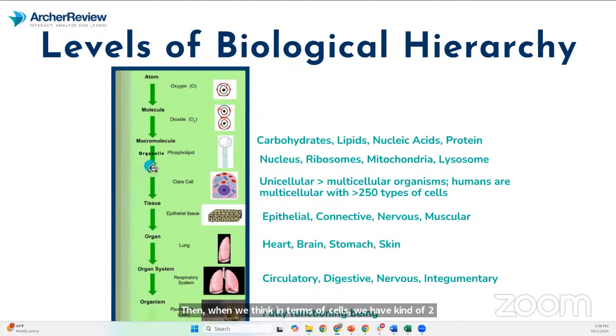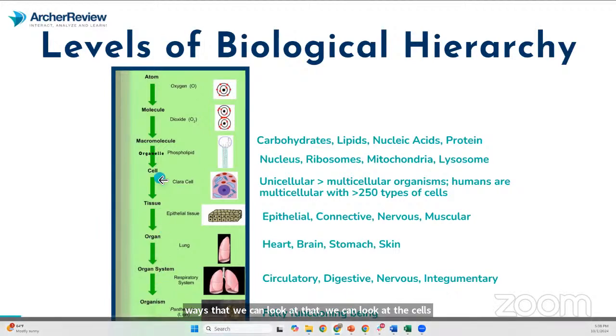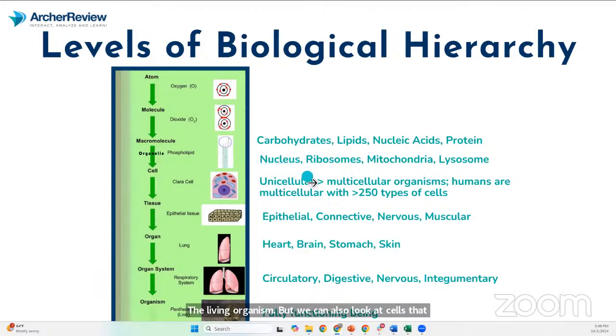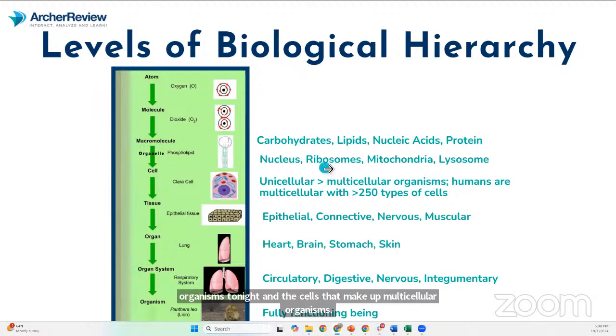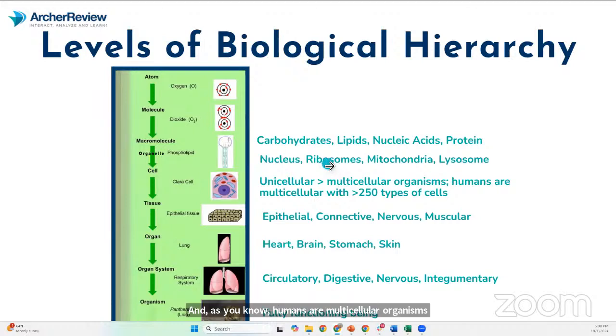We can look at the cells that then further make up the living organism, but we can also look at cells that make up singular celled organisms. Those are actually the most abundant on this planet. And we will take a look at both single-celled organisms tonight and the cells that make up multicellular organisms. And as you know, humans are multicellular organisms, and we actually have more than 250 types of cells. And we'll look at tonight how we get to those 250 types of cells.